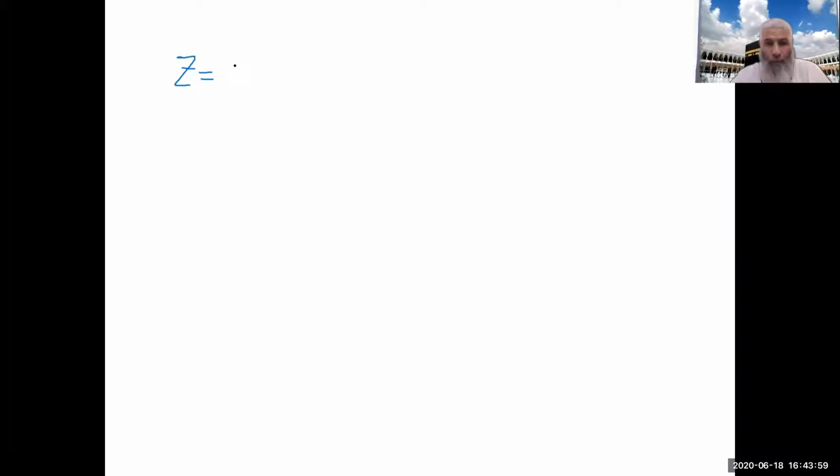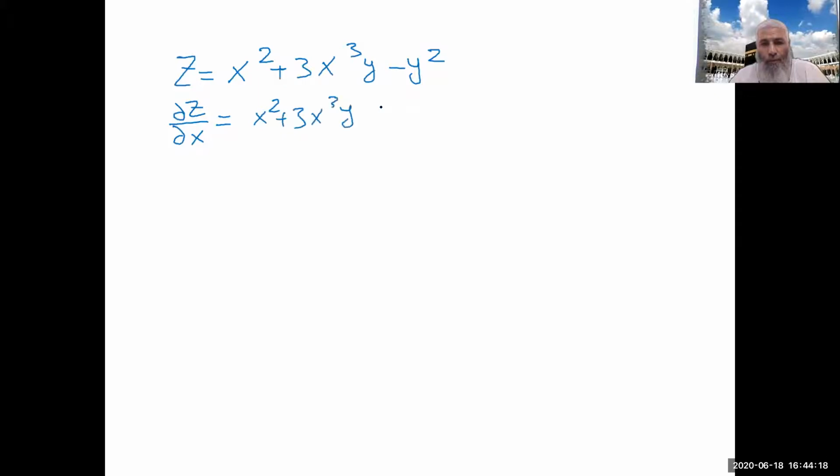Now z equals x squared plus 3x cubed y minus y squared. So he is calculating dz/dx. This is the same function, and we take the derivative of this function with respect to x. So this is x squared.